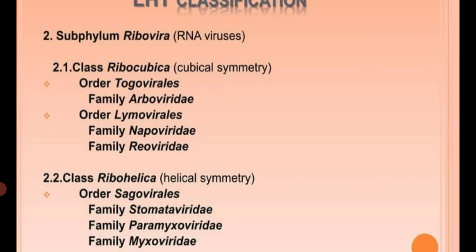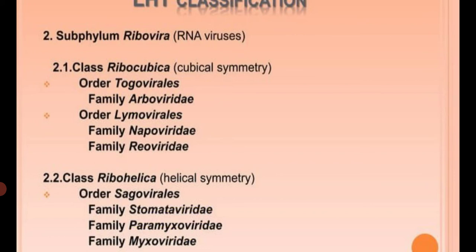Then the second class of Ribovira, that is Ribohelica. Helical symmetry viruses are kept under this class. It is further classified into an order Phagovirales, and the Phagovirales have three families, Myxoviridae, Paramyxoviridae and Stomataviridae.